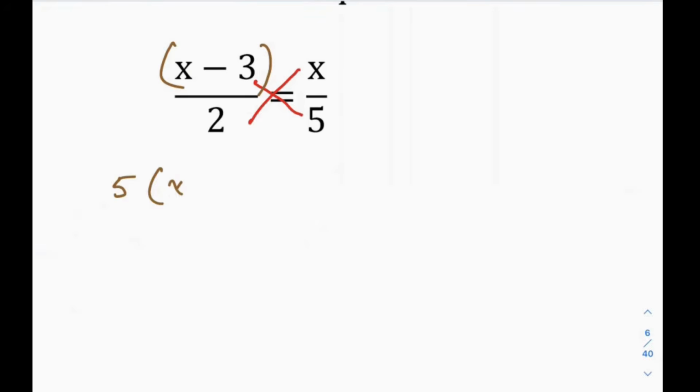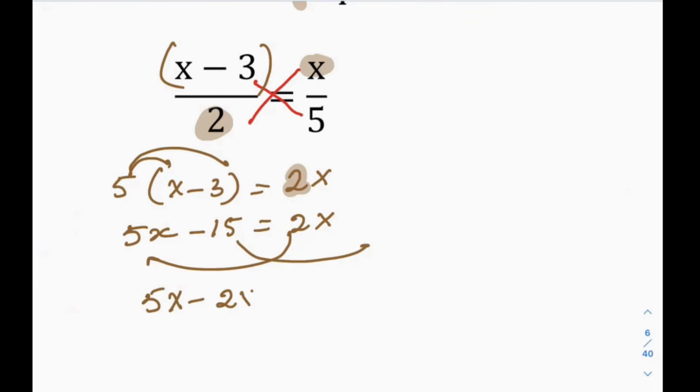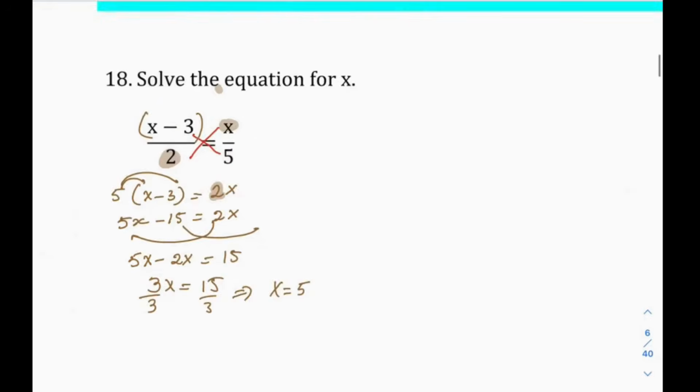So I will multiply by x minus 3 is equal, the other one is 2 times x, which is 2x. And when you distribute here, 5 times x, 5x, 5 times negative 3 is negative 15, and we will proceed by combining like terms. So 5x minus 2x is equal to 15, 3x equals 15, divide by 3, so x is 5. And this is the solution.